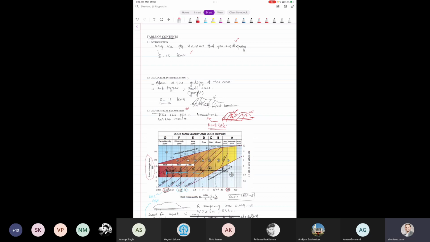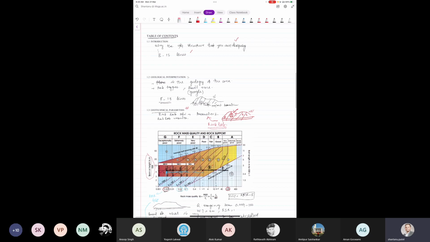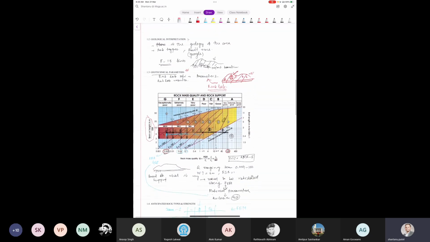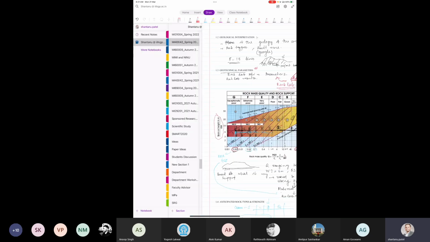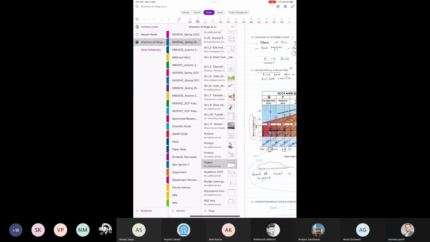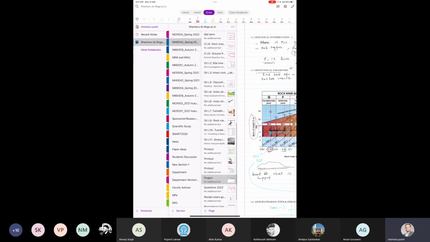Depending upon this, you divide the whole range of Q into different zones. Then we discussed the rock mass classification system and the relation between Q and RMR. You remember that?